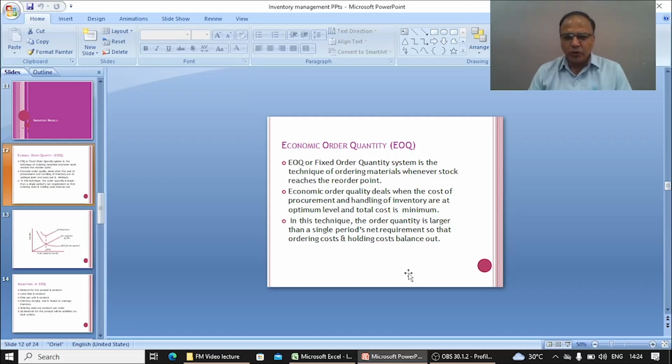In the last example, I discussed that an organization is consuming 1,20,000 units and it has different options. It may purchase 60,000, 60,000. It may purchase by giving 4 orders of 30,000 units each, and it may purchase by giving 12 orders of 10,000 units each.